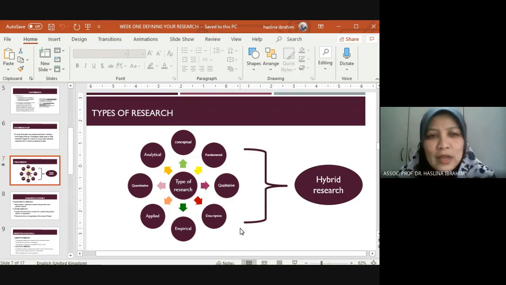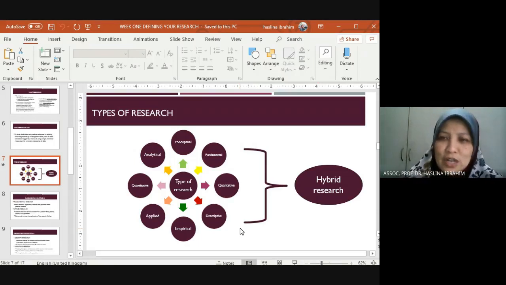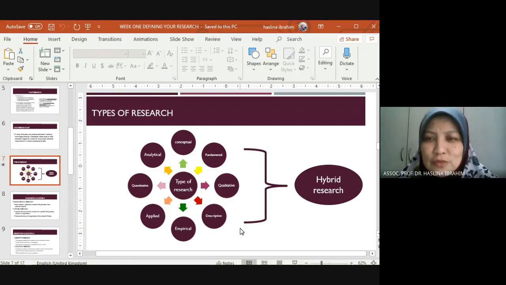Applied research. Well, applied research will require you to do a lot of work. First of all, you need to come out with certain techniques or methods, and you adopt them to the people, to the society. So for example, in my fundamental research just now, I also used the applied type of research whereby I designed certain instruments, questions.